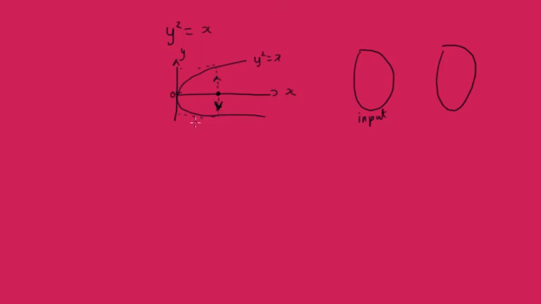So for one input, we can have two outputs. So let's say this is 4. This can be plus 2 or minus 2. Therefore, this is not a function. A function has to be either 1 to 1 or many to 1, but this is 1 to many. And that's not a function.